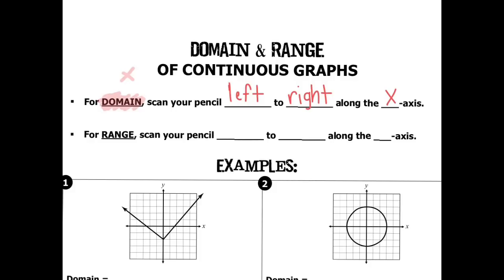If you scan your pencil from left to right, you'll be able to see all of the x values, all of the side to side, left to right, horizontal numbers that are used in making your graph.